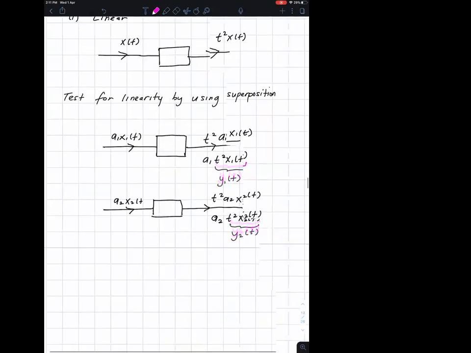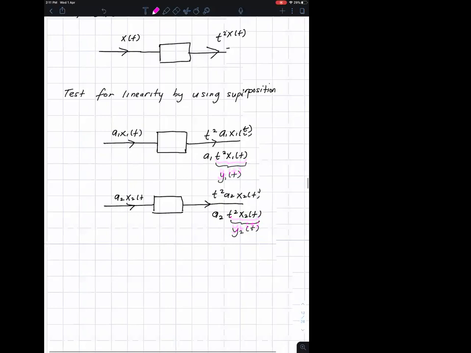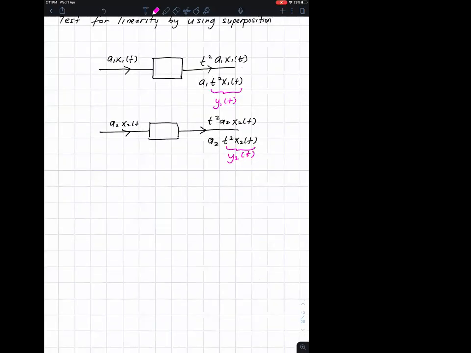Now we can see an individual input is producing an individual output.